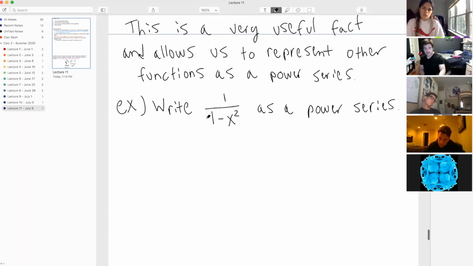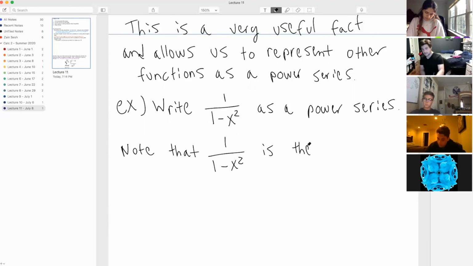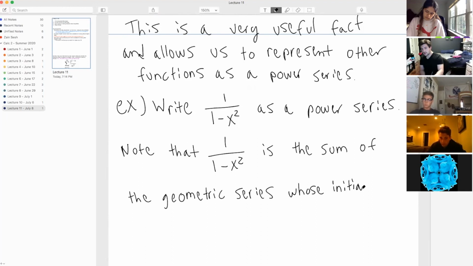Well, we just need to look at the geometric series formula for convergence. So note that 1 over 1 minus x squared is the sum of the geometric series whose initial term a equals 1 and ratio r is x squared.